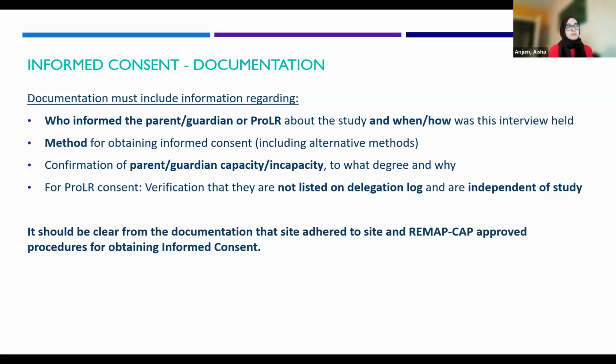Confirmation of the parent or guardian's capacity or incapacity, if there is a reason for that. And then for professional legal representative consent, as I mentioned, confirming that they are independent of the study. And from that, we should be able to tell that the correct consent process was followed for REMAP-CAP for obtaining the consent.